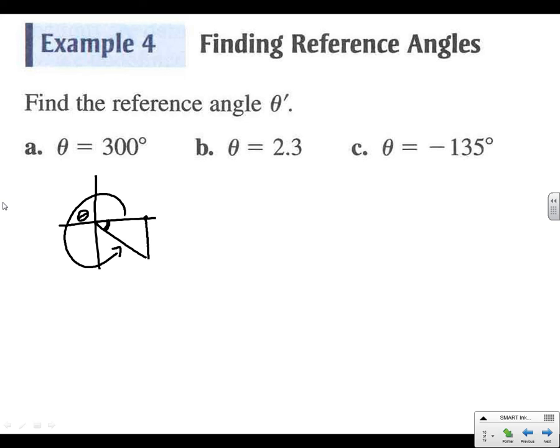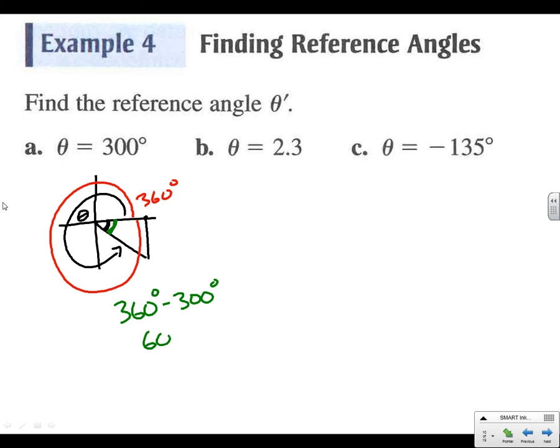If the whole thing all the way around is 300, and a full circle is 360, the part that's left over in here must be 360 minus 300. So we're left with a reference angle, theta prime, of 60 degrees.